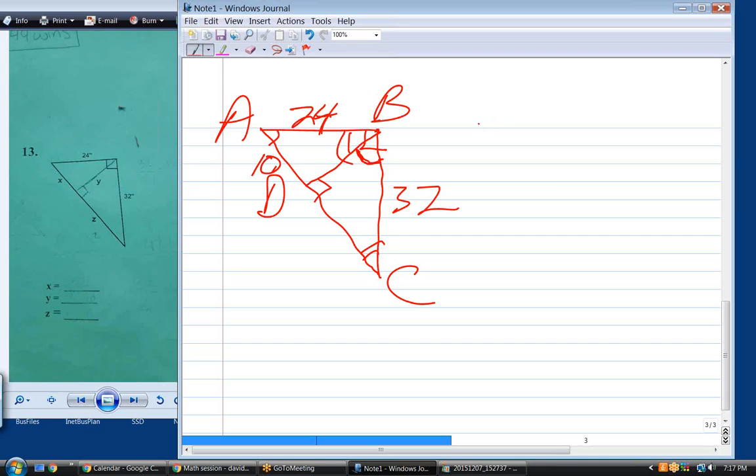Okay, and then the similarity ratio is what? 32 over 24. And that would be equal to what? It would be equal to 12 on the bottom, and, well, 10, first of all. In other words, I'm saying the big is to the little. Okay, and then this triangle here is bigger than that triangle, right? So it's as y is to x.